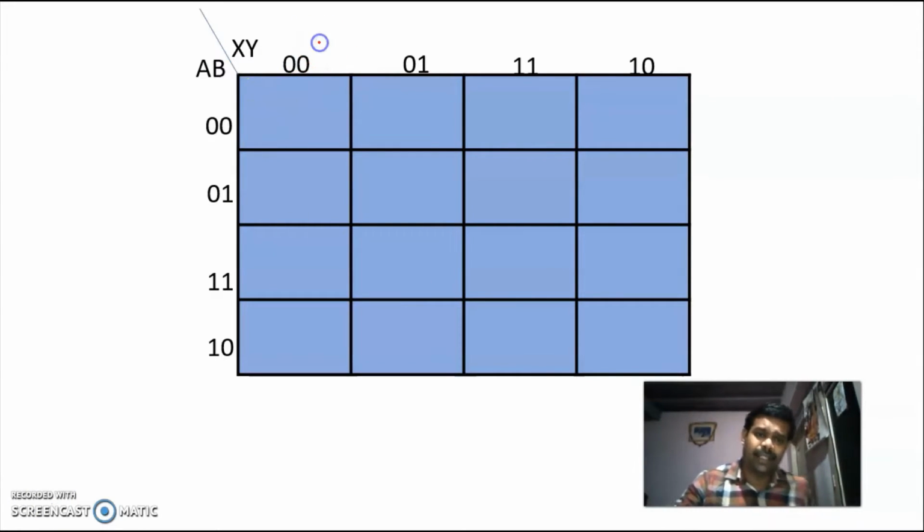Similarly, now we take the first cell. For example, in the first cell the value of A is 0 and the value of B is 0.